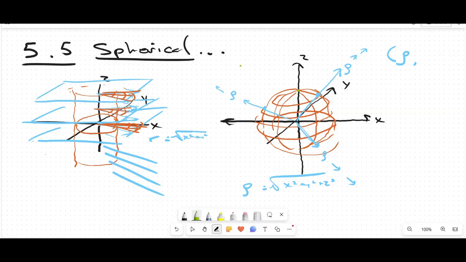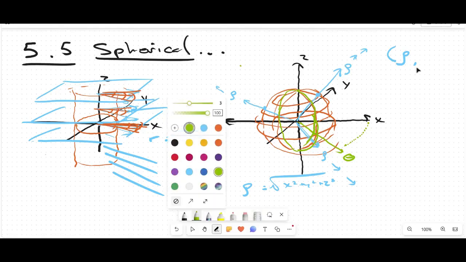So I'm going to show you one line for a fixed theta. That curve right there maybe corresponds to that choice of theta in the xy plane. If you fix theta in the xy plane, the standard way we think about it, you get a line of longitude for the sphere.